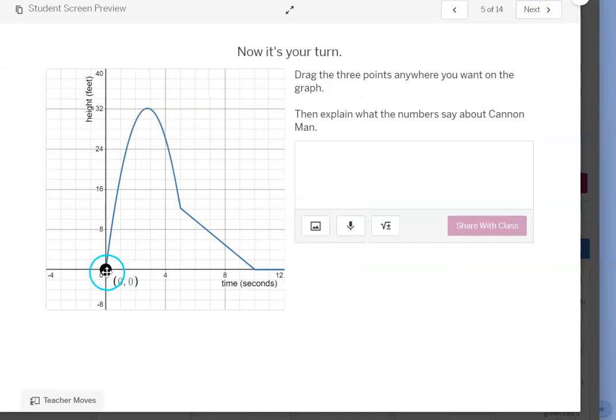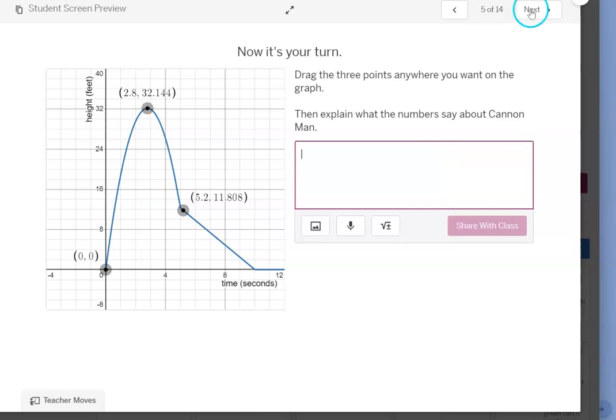And then finally, this one I didn't understand at first myself. Well, what it's doing is it's got 3 points in here. So what you're supposed to do is drag these around. If you don't, you'll only have 0, 0 for all your points. So be sure you tell them to move these out. You have a total of 3 points. You can put them anywhere you want, but just don't keep them all at 0, 0. And then they can explain what those numbers represent here.